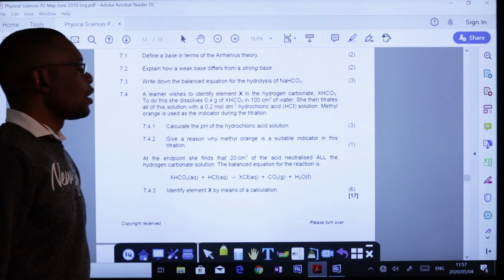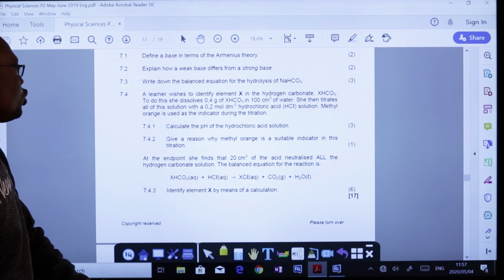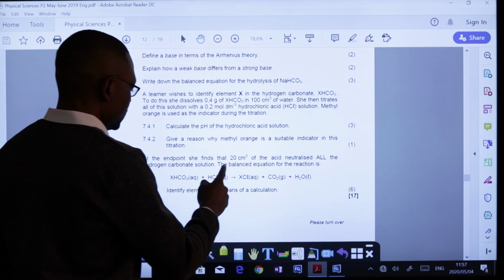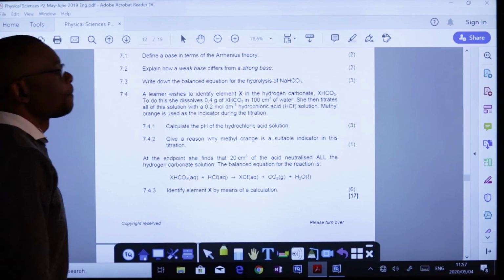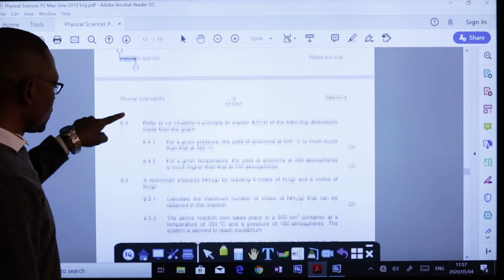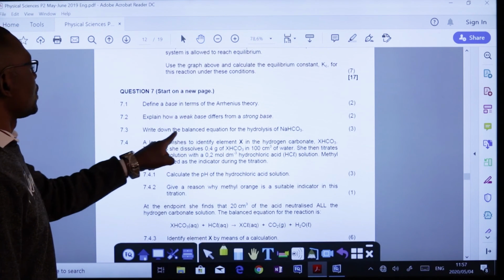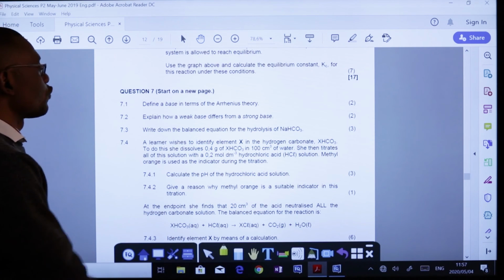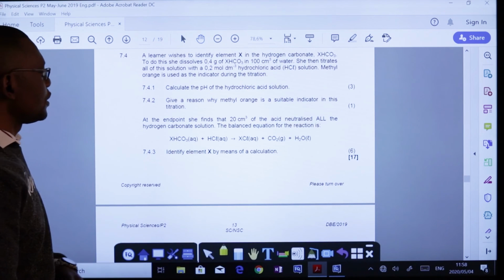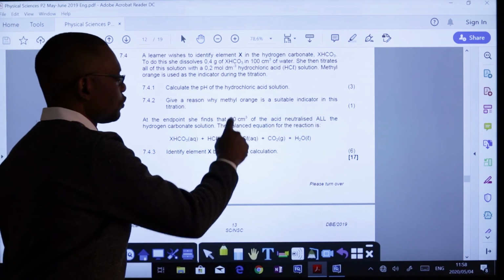We will carry out all the necessary determinations using the volumes we have there, and see if they are reacting in these proportions, and compare it to the one which involves different salts, like here we wrote down the balanced equation for the hydrolysis of sodium hydrogen carbonate. In the essence of time, you have to determine the concentration of this.